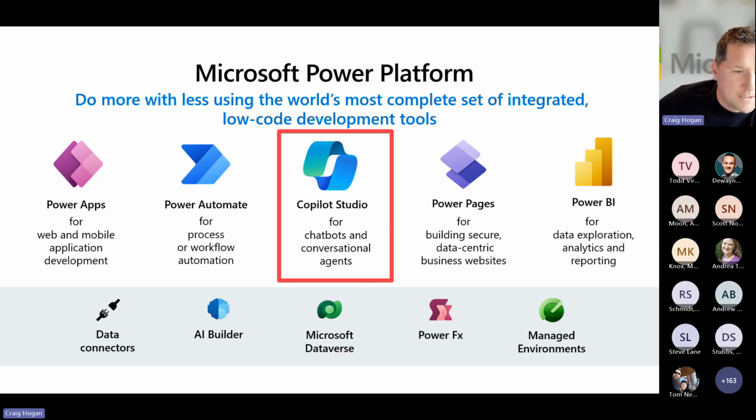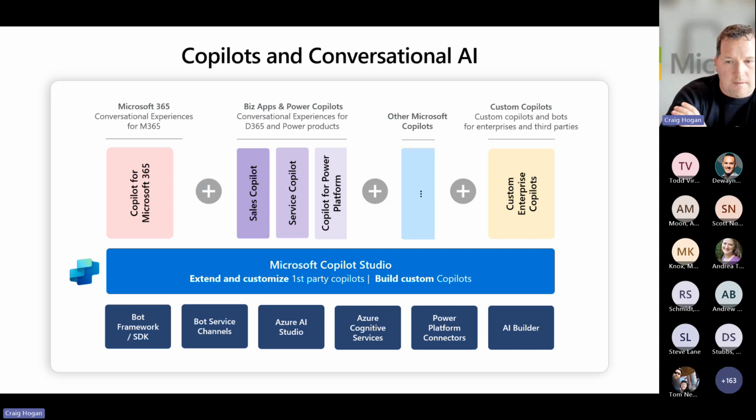I've got two more slides, and then we'll get into the demo fun. You may or may not have heard this thing called Copilot. If you look here at the top, you have all the flavors of Copilot that are becoming available.